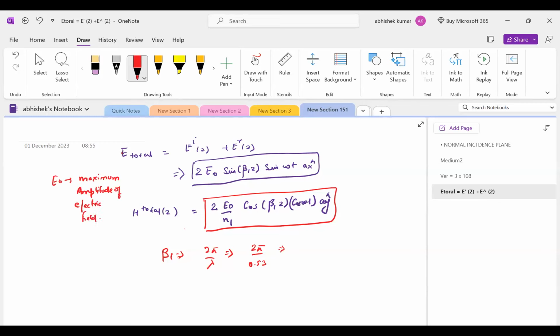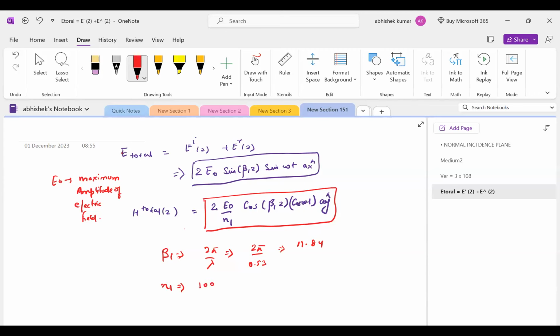You can get beta 1 as 11.84. Okay. And we have N1, right? N1 is 100, whatever value.